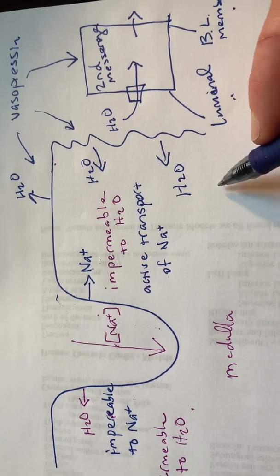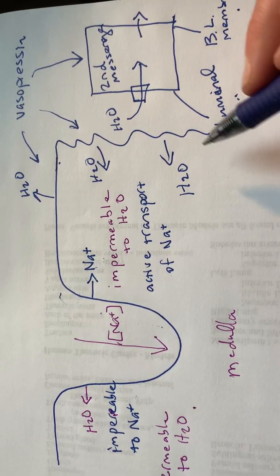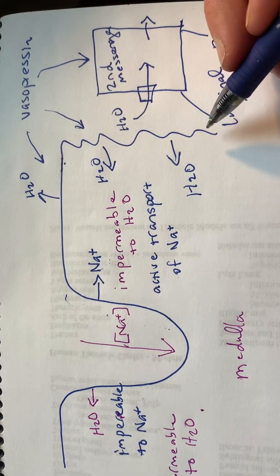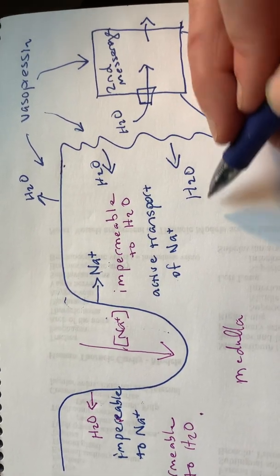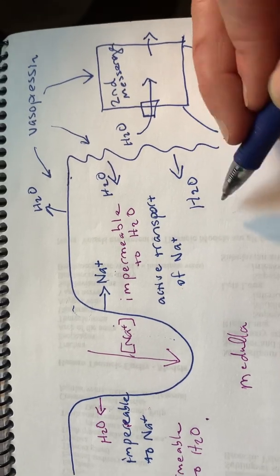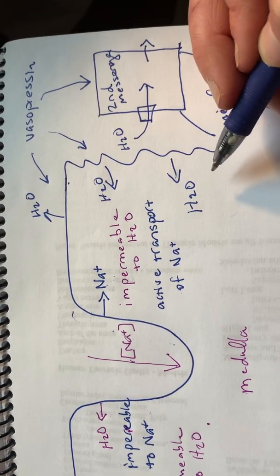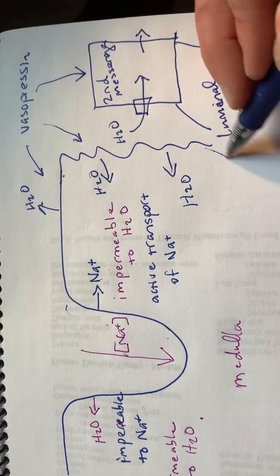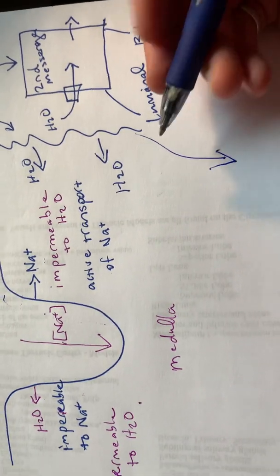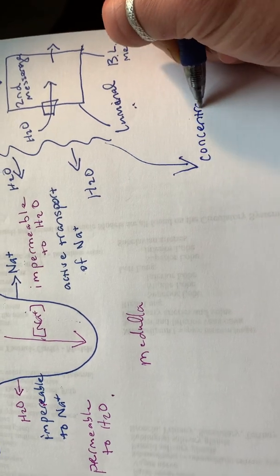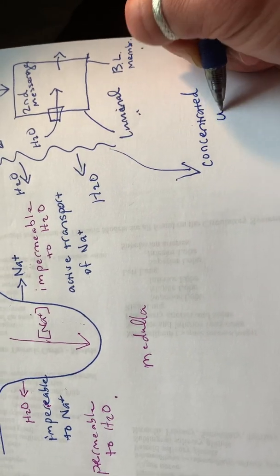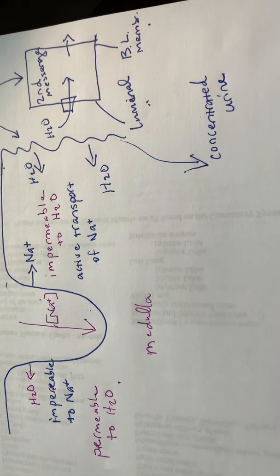And so the more salty it is out here, the more water is going to come out. So as filtrate moves down that collecting tubule, it's going to be subject to the saltiness outside, and that's going to pull more water out. And so that way, by the time this filtrate is excreted, we're going to create a really concentrated filtrate, or really concentrated urine. And that's going to help us save water.